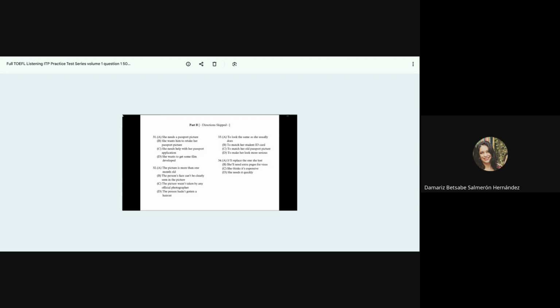Number 33. Why should the woman keep her glasses on for the picture? Number 34. What does the woman imply about her new passport?